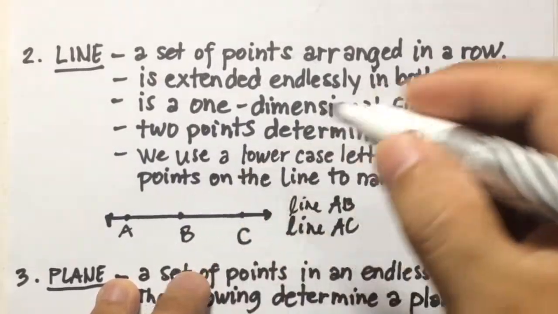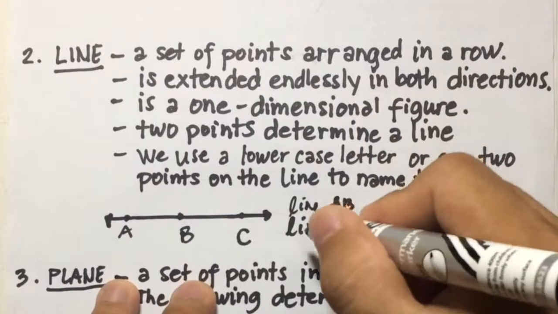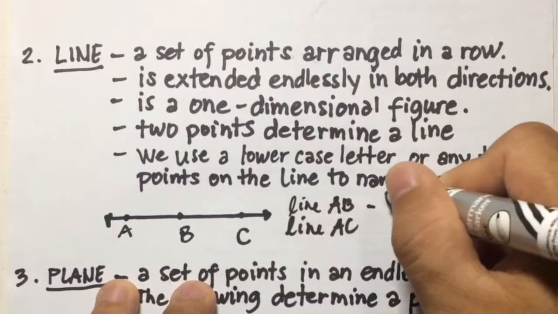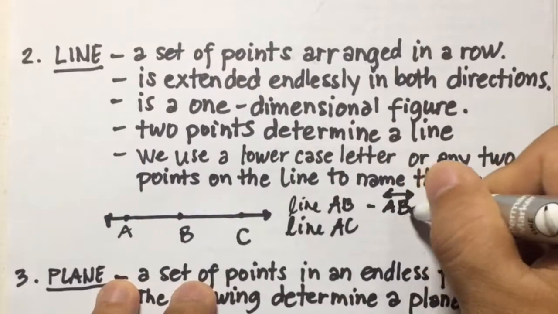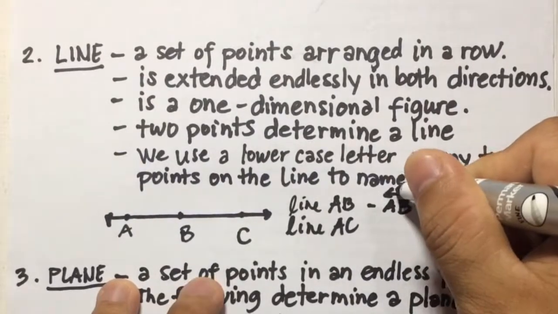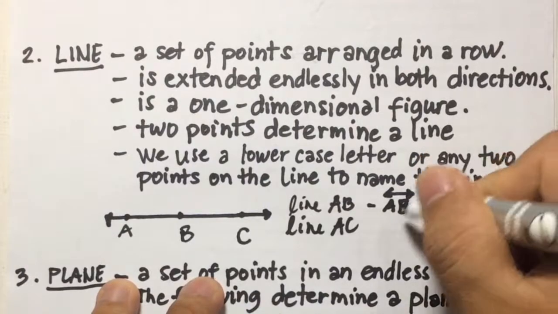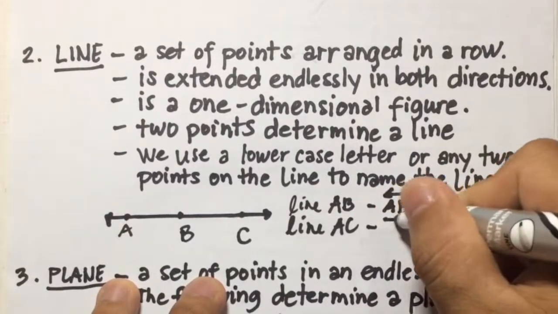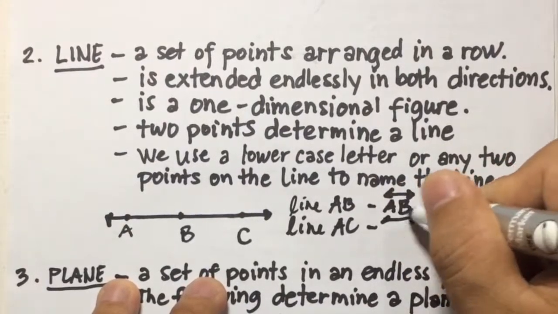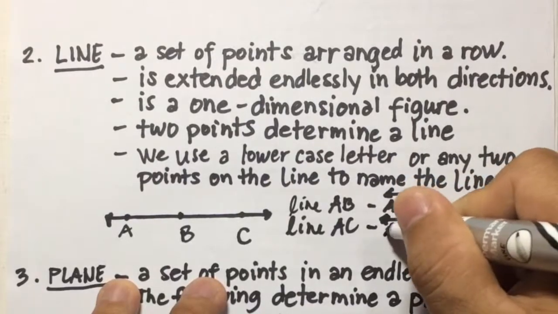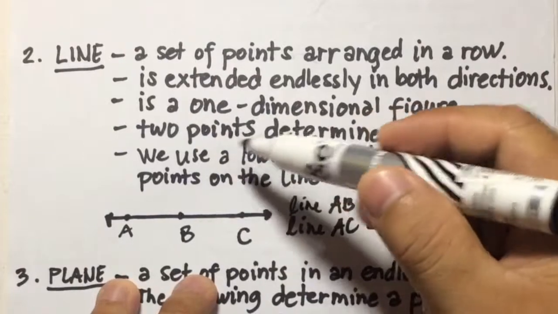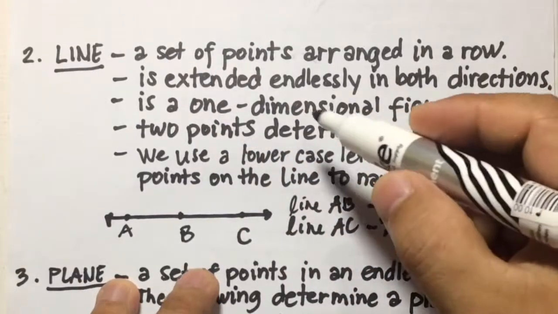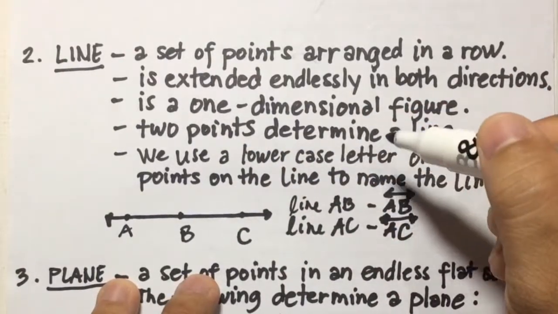Or in symbols, we can write that one as line AB. So the 2 capital letters, and then we put a line above. And this is also line AC. And another way of naming a line is using a lowercase letter or small letter.